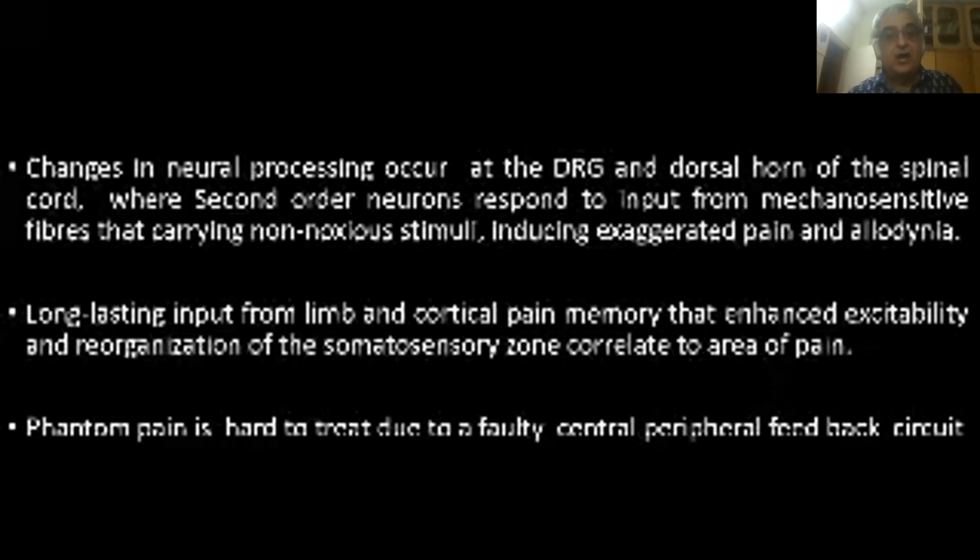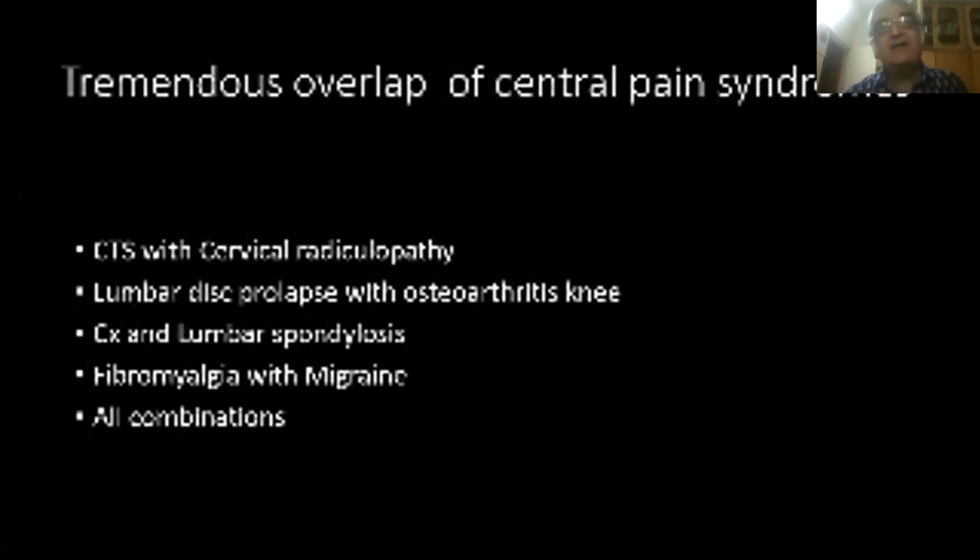Now, another thing as a clinician: we are not physiologists doing experiments in the lab. We deal with real patients, and real patients don't have one disease. They have many diseases; they are a combination of diseases. So just because a patient is having central pain, he can have a cervical radiculopathy also. He can have carpal tunnel syndrome also.